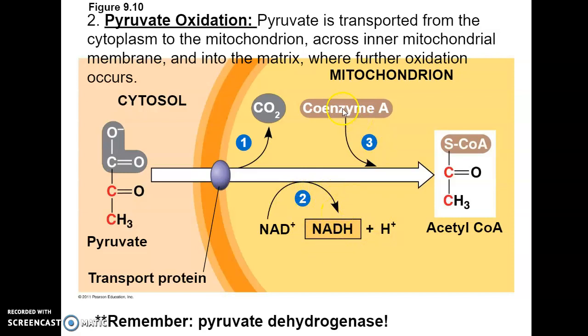And then from there, coenzyme A will attach itself to the 2-carbon intermediate, and then the acetyl-CoAs from here will enter the citric acid cycle, okay? And we will talk about the citric acid cycle in the next video.